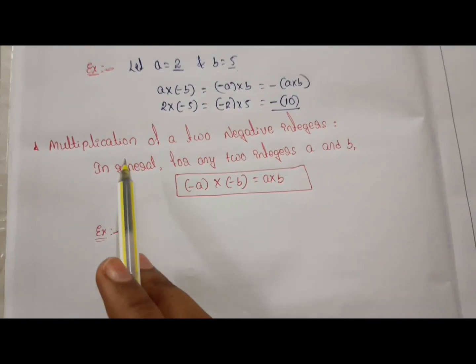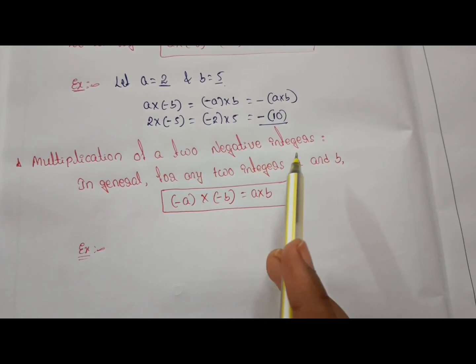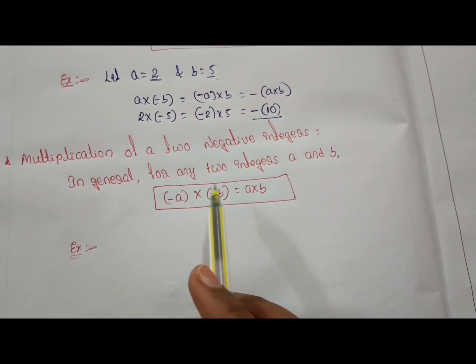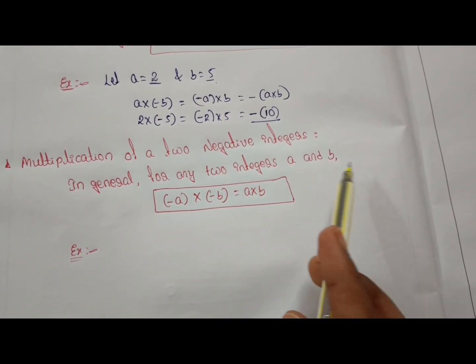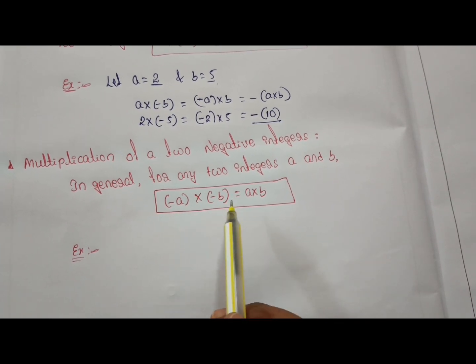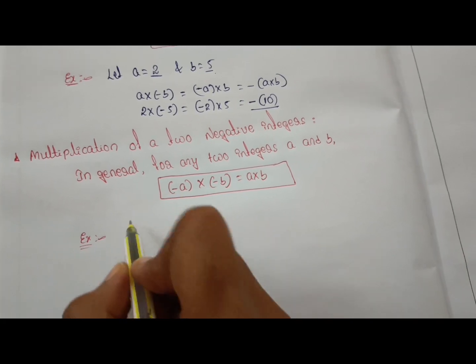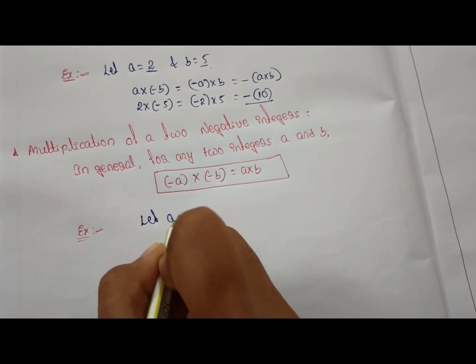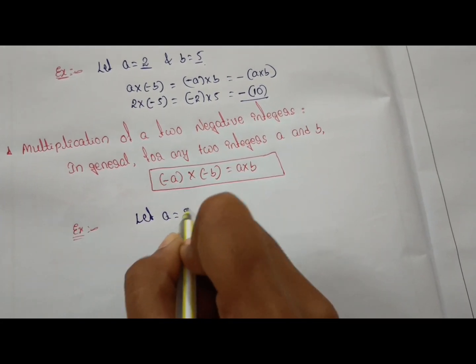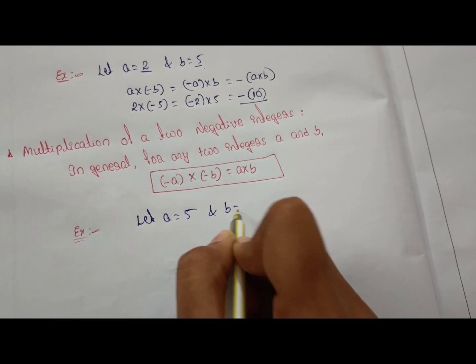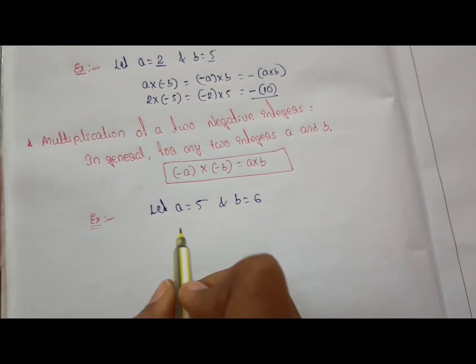Next property, multiplication of two negative integers. In general, for any two positive integers a and b, minus a into minus b is equal to a into b. We will take one example. Let a is equal to 5 and b is equal to 6.